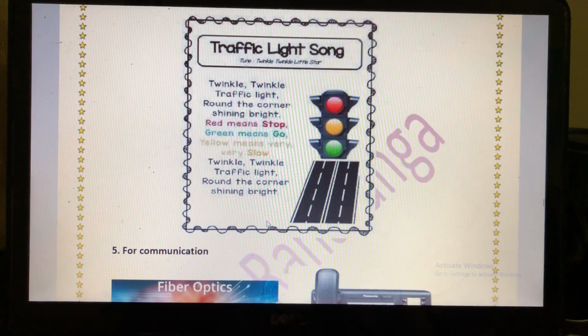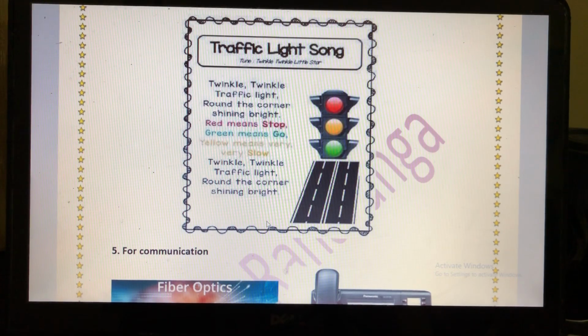Traffic light song. Twinkle, twinkle, traffic light, round the corner, shining bright.